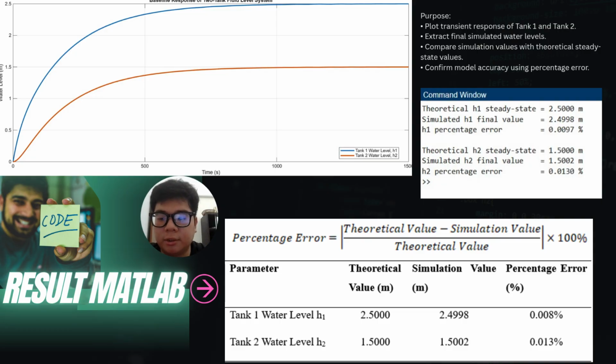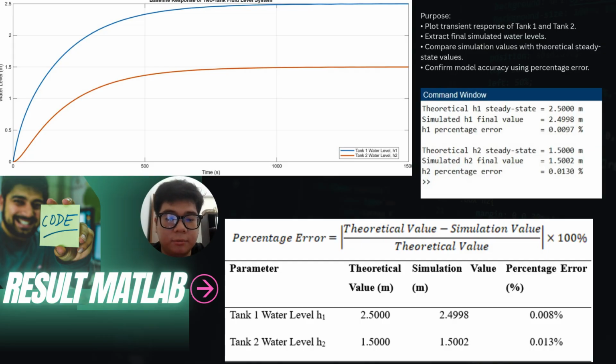So here is the result of the MATLAB code run. The graph shows the steady state of H1. The blue line is 2.5 and the orange line, H2, has a steady state of 1.5.